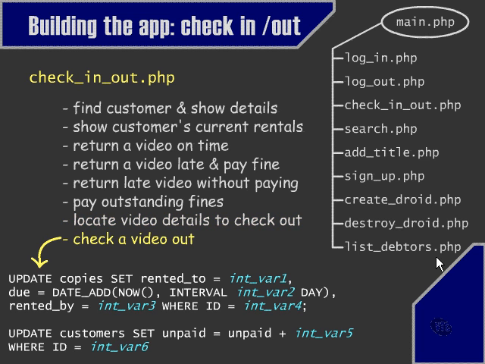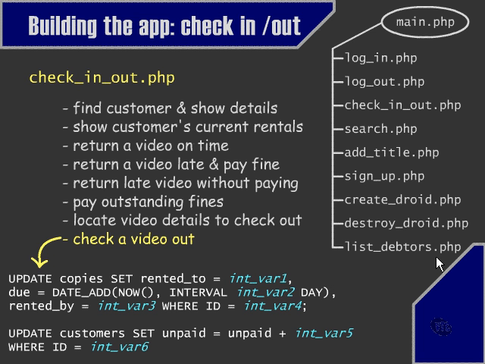Finally, to check a video out, again this is a two-step process. We set up on the copies table the customer who has just rented the video, and for the due date we use the DATE_ADD function, with the NOW function to get the current date, and then we add an interval of a certain number of days.